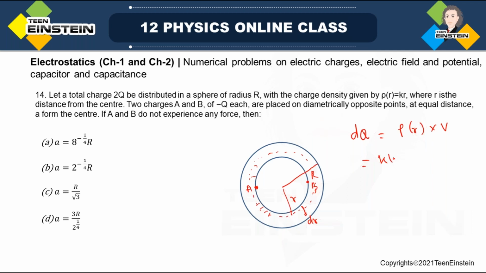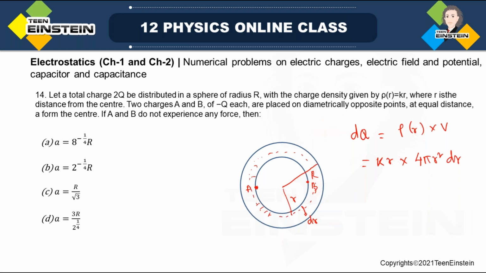Rho r is k into r, and the volume is 4 pi r square dr, because it is a spherical cell. So that is the elemental charge on this elemental cell.